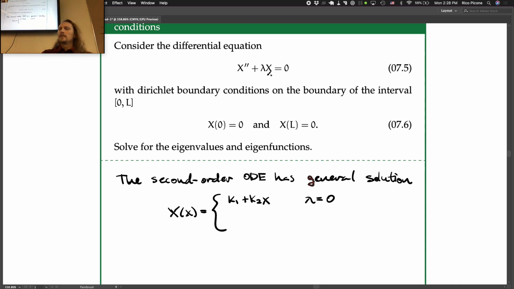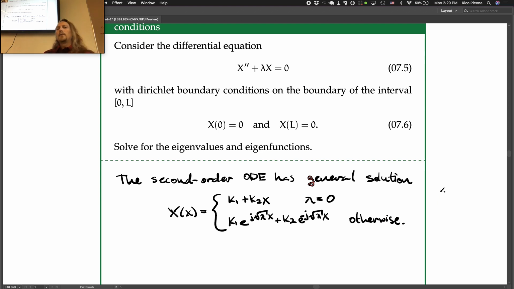That's when we have a double root here. And then we have k1 e to the j root lambda x plus k2 e to the minus j root lambda x. And this is otherwise, right?